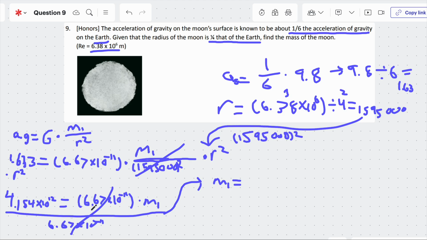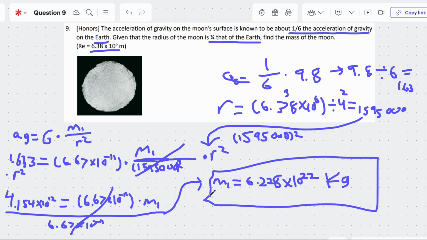And that should give us about 6.228 times 10 to the 22nd kilograms. That should be our answer for this. Yeah, really big number. That's about right though.